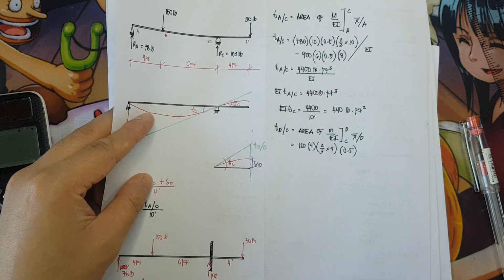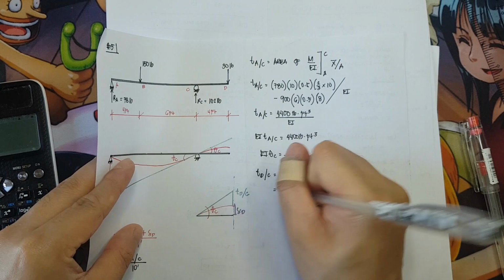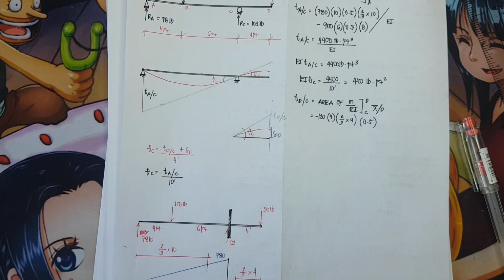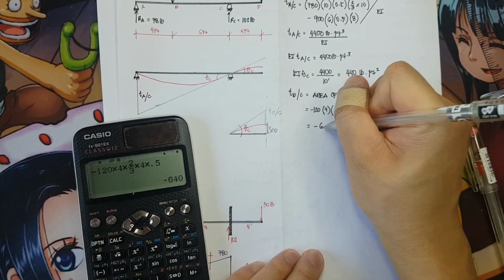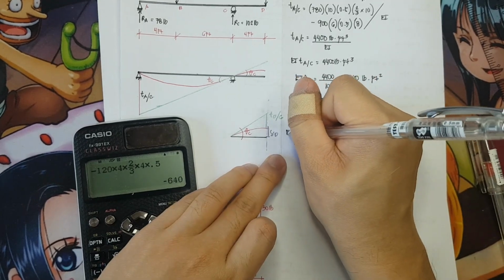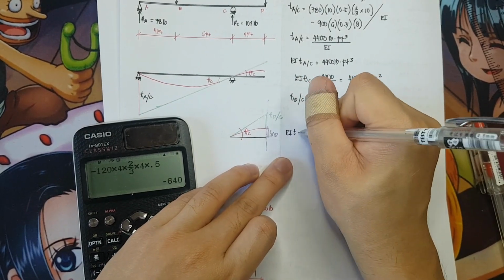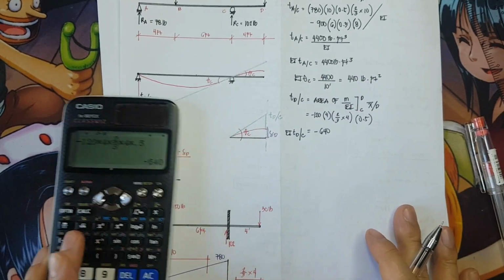Okay? And take note, it is on the negative side, so that is negative. So, TDC is equal to negative 640. And that is EI, tangential deviation of D relative to C.